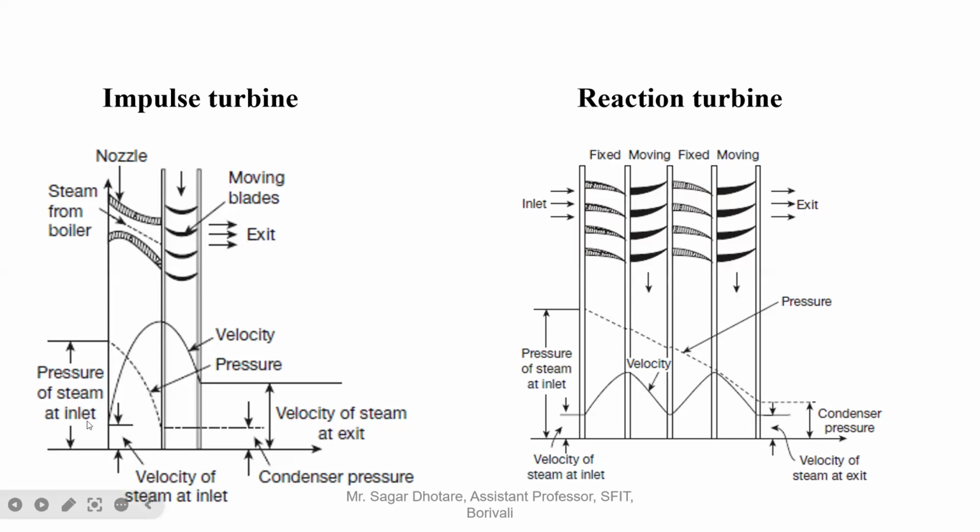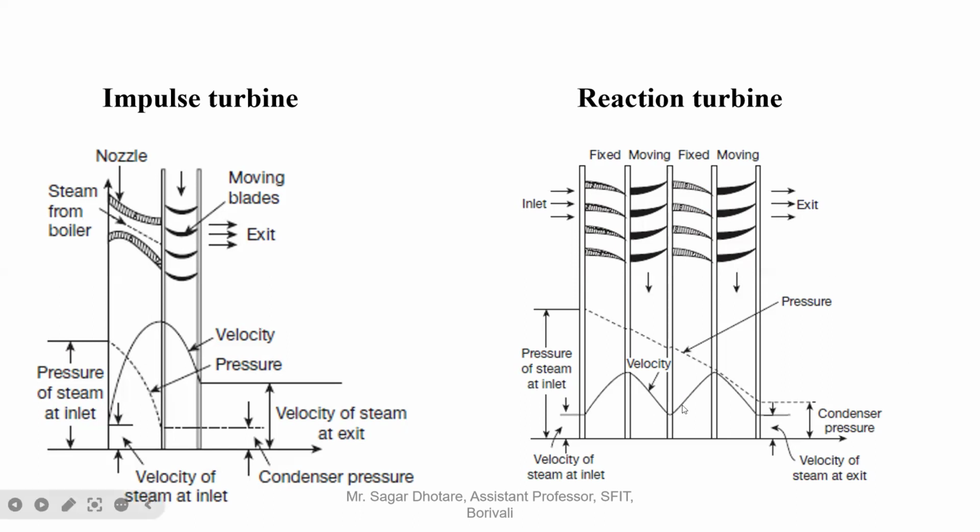So initially the pressure of the steam in an impulse turbine is high, but when it passes through the moving blade, the pressure remains constant. At the same time, the velocity increases when it travels from the nozzle and decreases when it passes over the moving blade.